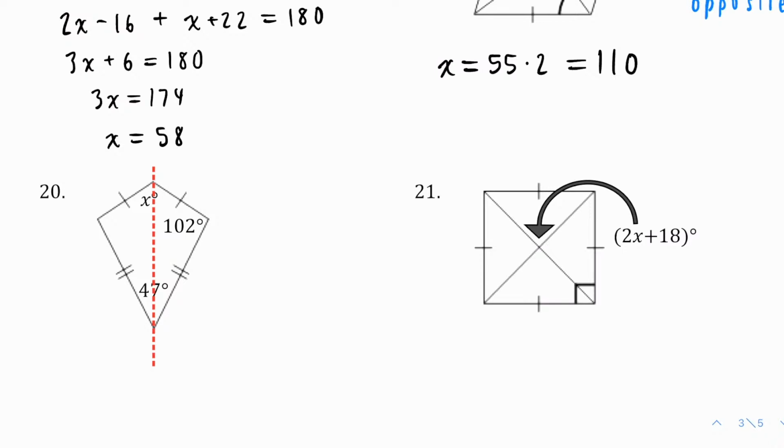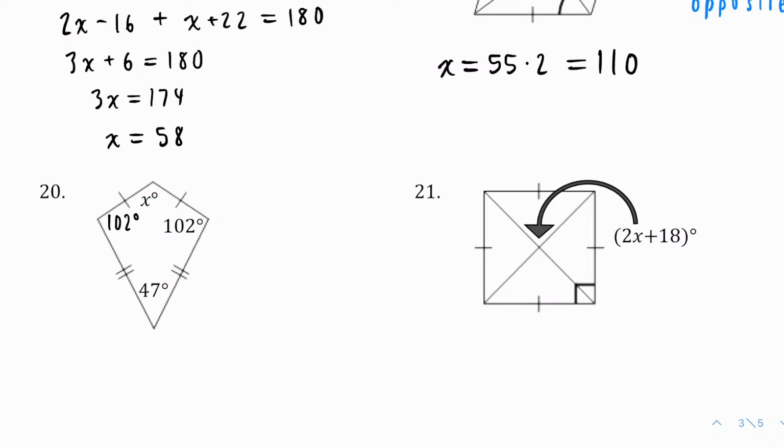So you can see that this would be side, side, side congruence. A side here, sides there, and sides there. That would imply that these two angles are congruent. So we can go ahead and add in a 102 right there.